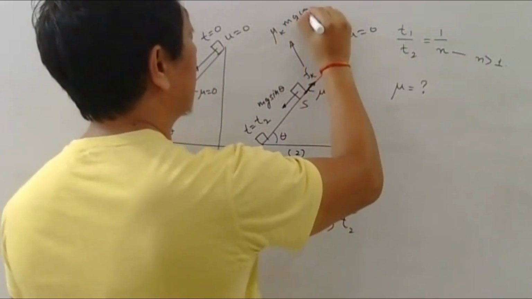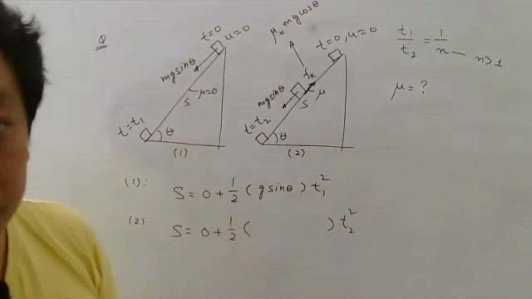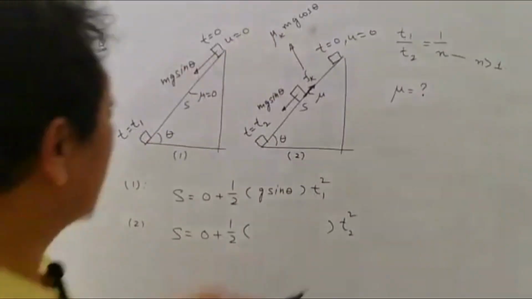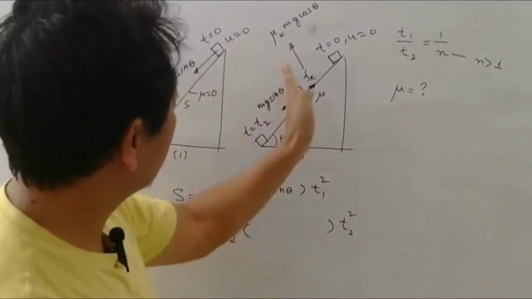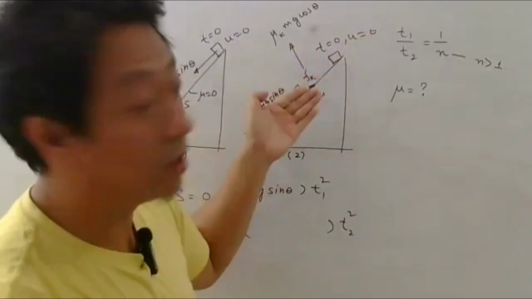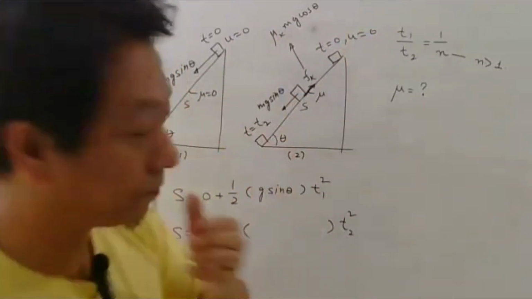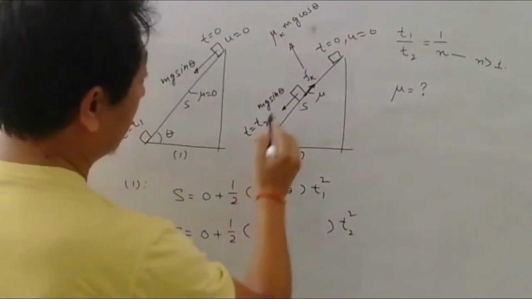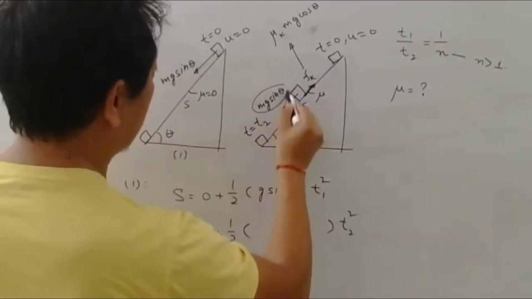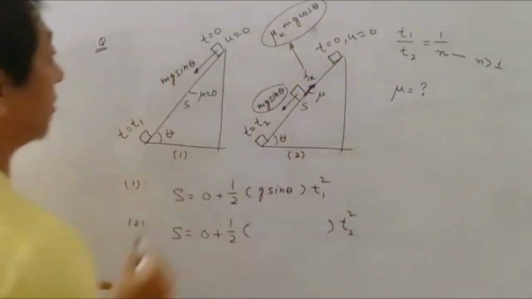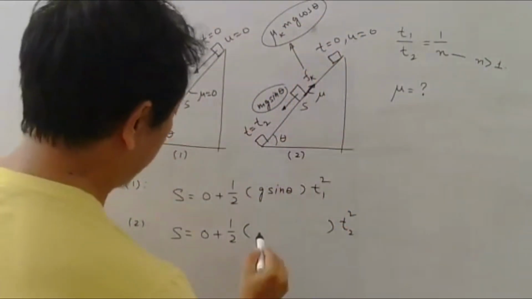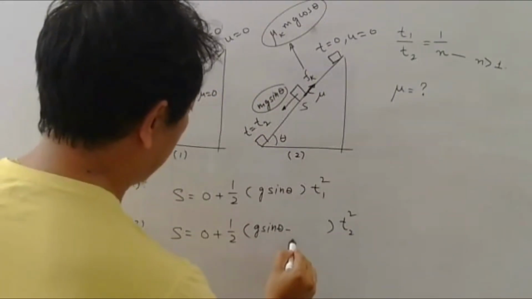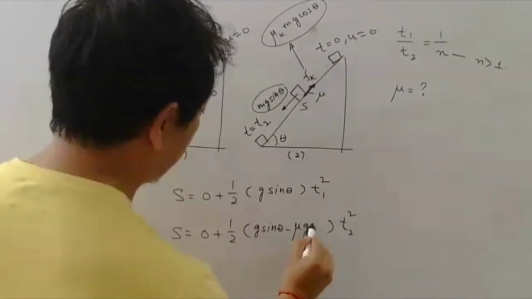So directly I can write mg cos theta. So it is very important, students, that in this second case, mg sin theta is greater than mu k mg cos theta. Then only acceleration will be this side. So what will be the net force? Mg sin theta minus mu k mg cos theta divided by m. What will you get? G sin theta minus mu g cos theta.